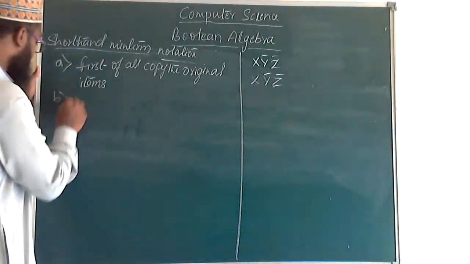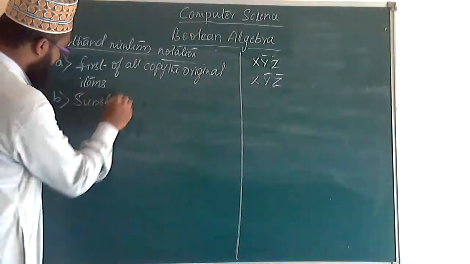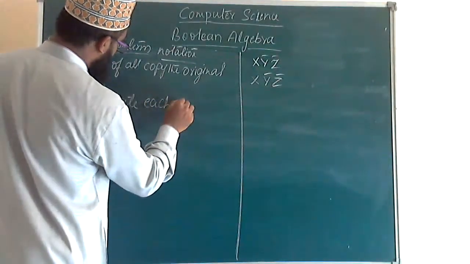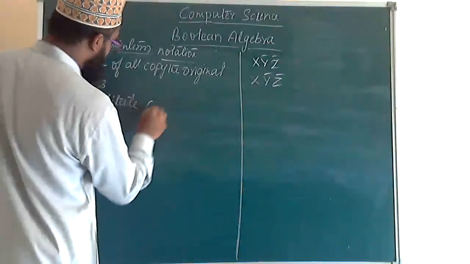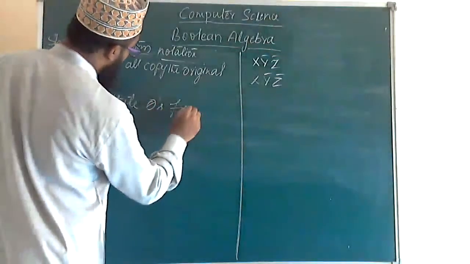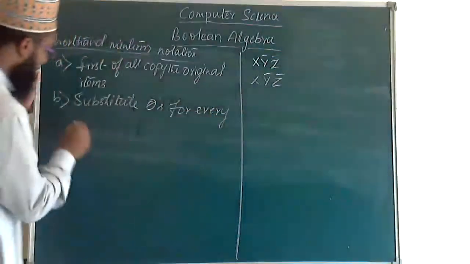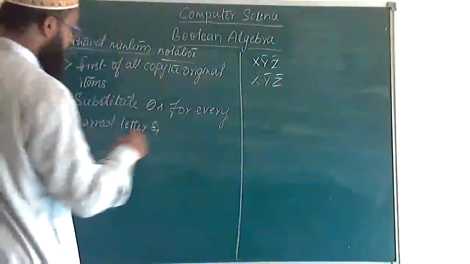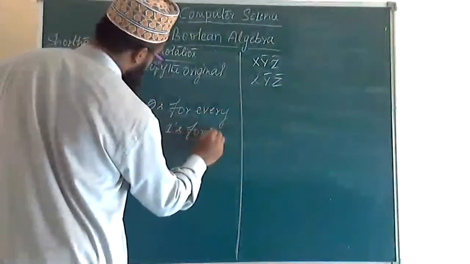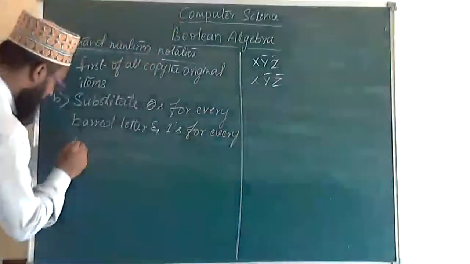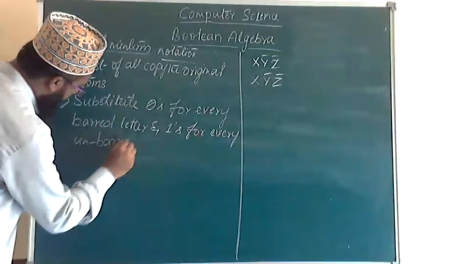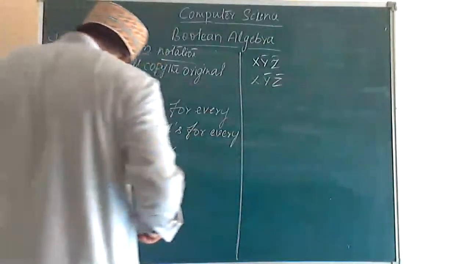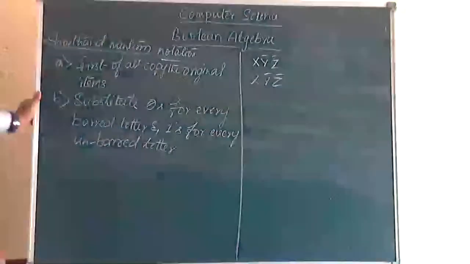The second step is to substitute 0 for every barred letter and 1 for every unbarred letter.